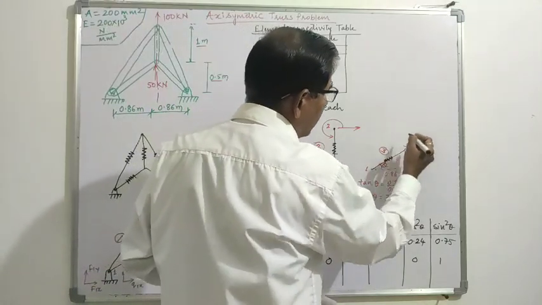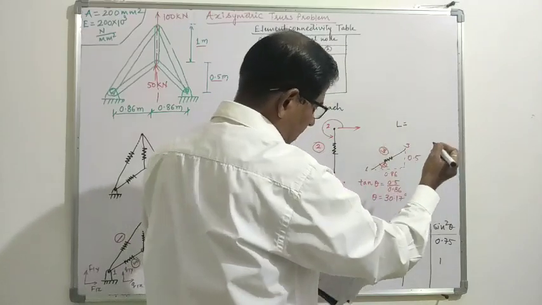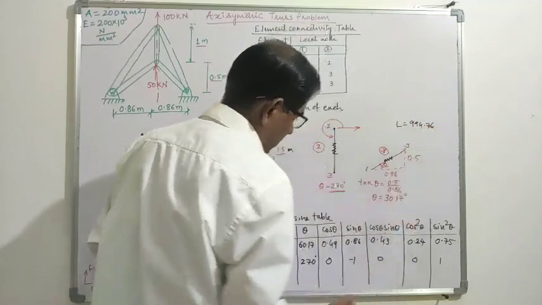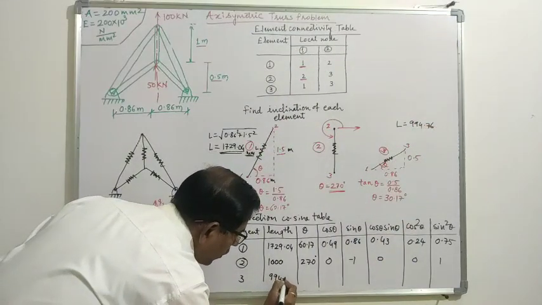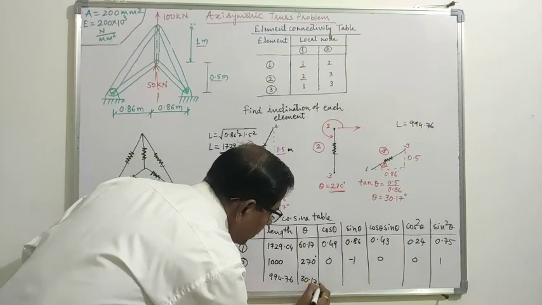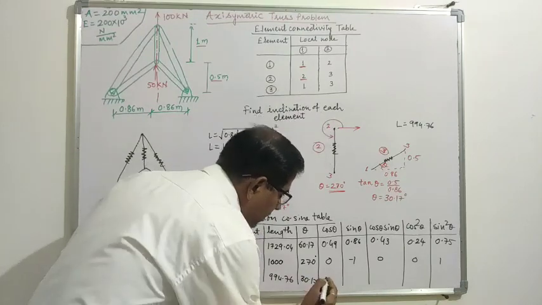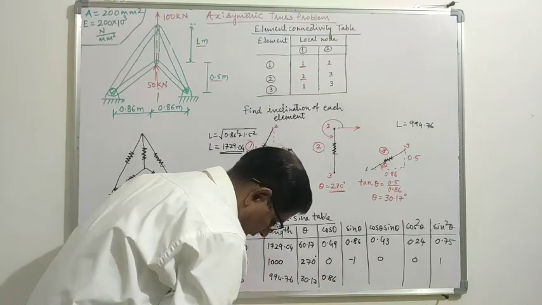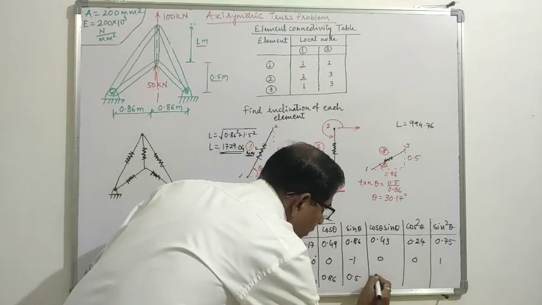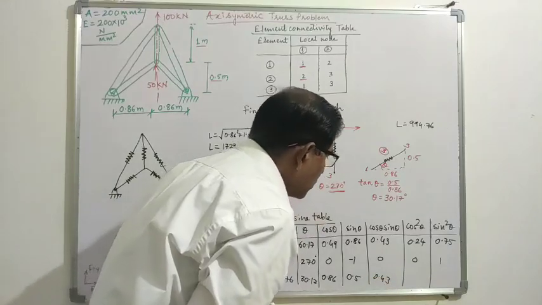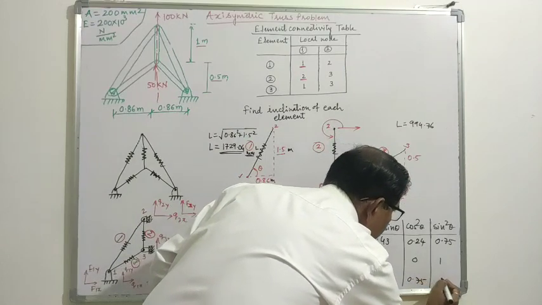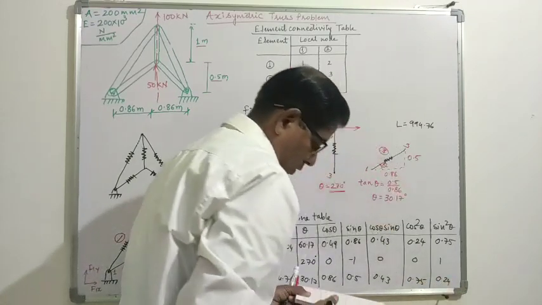It comes out to be 994.76, the inclination is 30.17, and cos theta is 0.86, sin theta is 0.5, cos theta sin theta is 0.43, cos square theta is 0.75, and sin square theta is 0.24.